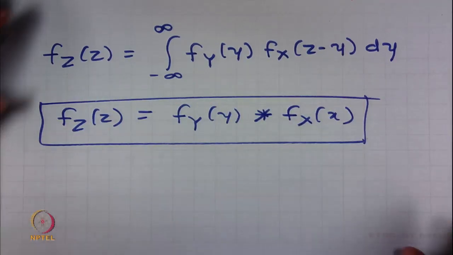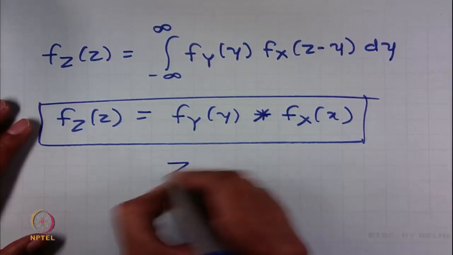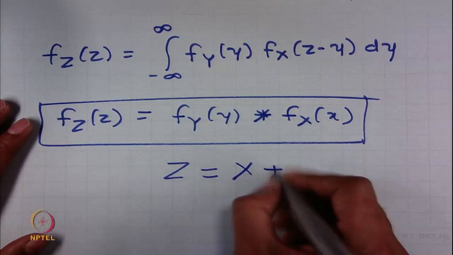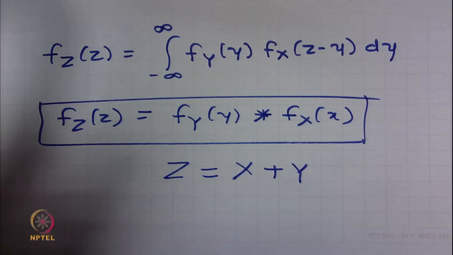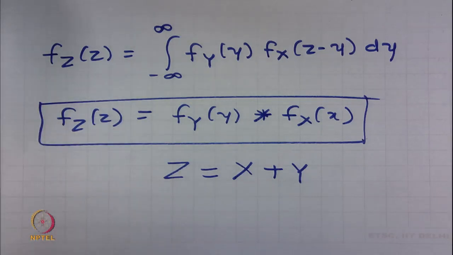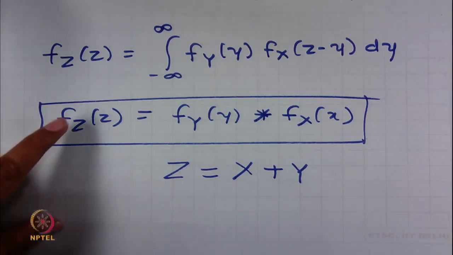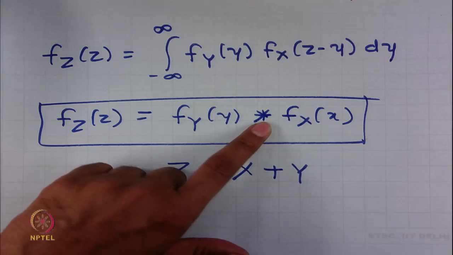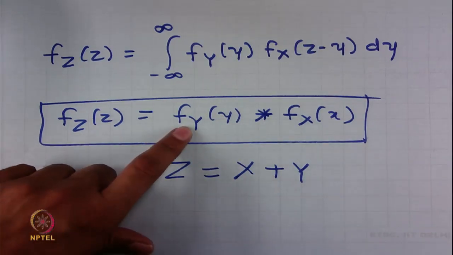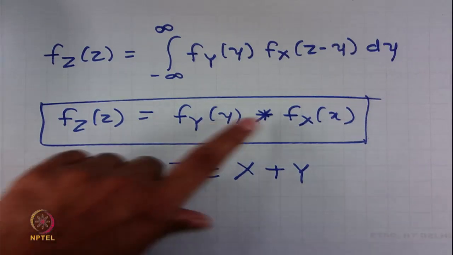Okay. So, what we have derived is if z is the sum of two random variables x and y, and if these two random variables are statistically independent, then I can obtain the probability density function of z by carrying out the convolution of the probability density function of y and the probability density function of x.